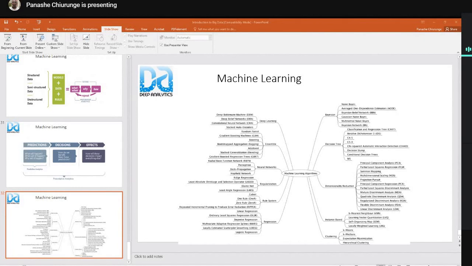Because you can have a classification regression tree, you can have an iterative dichotomizing decision tree, you can have C4, C5, a chi-square, a decision stump, a conditional decision tree, and so on. And then you've got dimensionality reduction, you've got instance-based machine learning, where you've got k-nearest neighbors and all the other different types of algorithms.